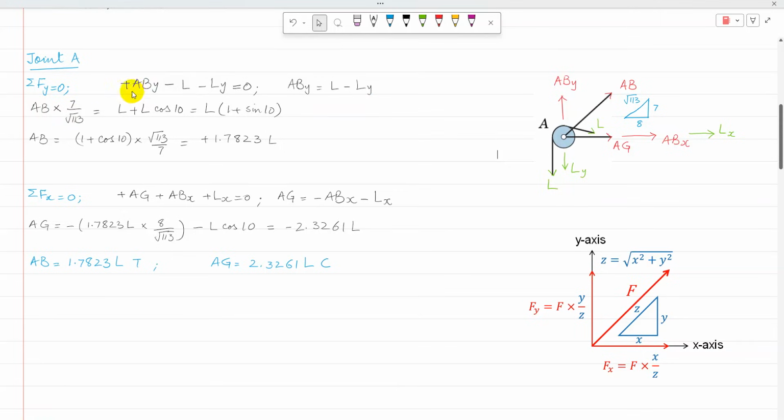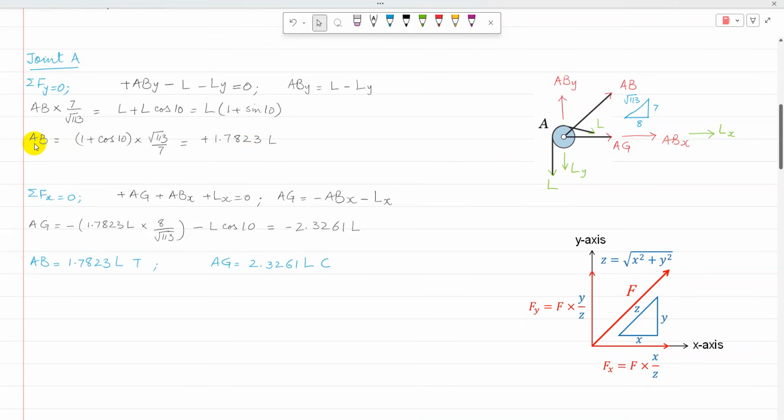Then ABy using the sides of the triangle: the y component is force times the y distance over the diagonal or hypotenuse. The y side, the vertical side, is 7 and the hypotenuse is root 113. So then AB times 7 over root 113, and after simplifying, AB is plus 1.7823 L.